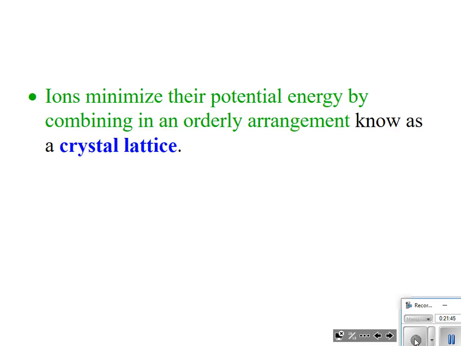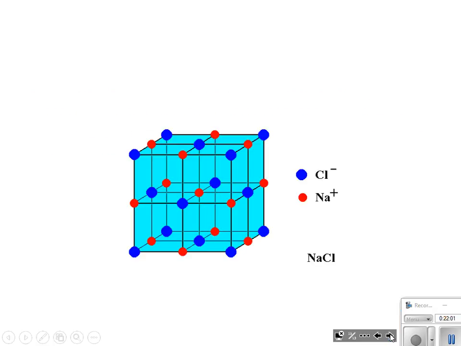Ions will minimize their potential energy by combining into an orderly arrangement that we call a crystal lattice. When I switch to my next slide, here is a crystal lattice of sodium and chlorine ions. The sodiums are the red.